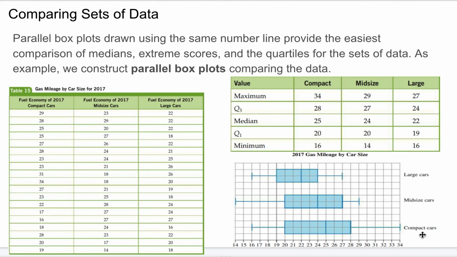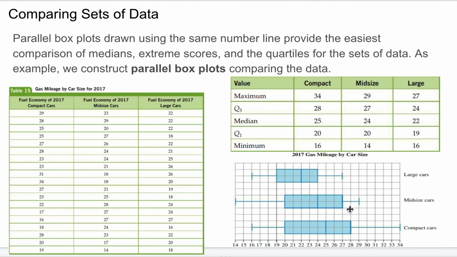To compare data from two or more sets using their box plots, we first study the boxes to see whether they are located in approximately the same places. So we can compare the medians and the IQR. Next, we consider the length of the boxes to see whether the variability of the data is about the same.